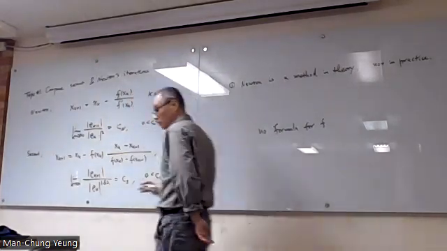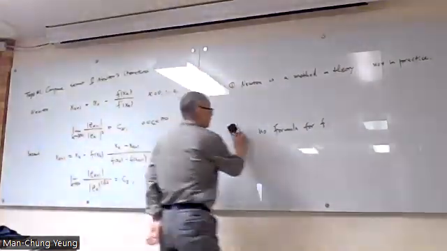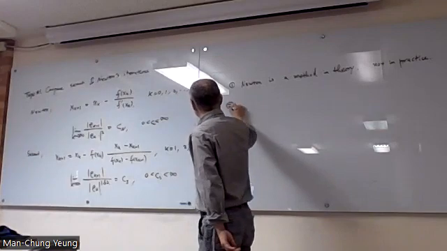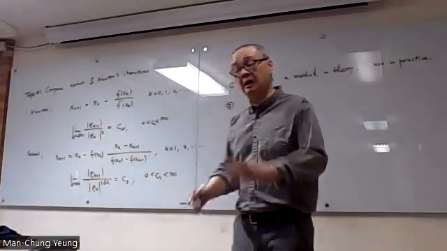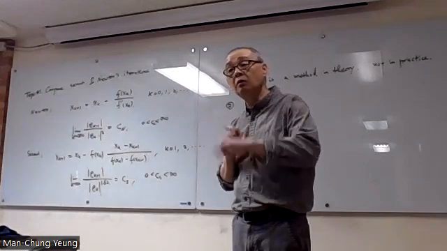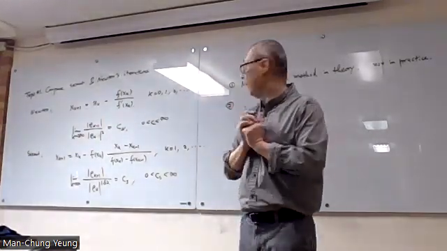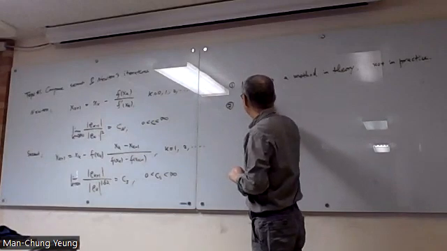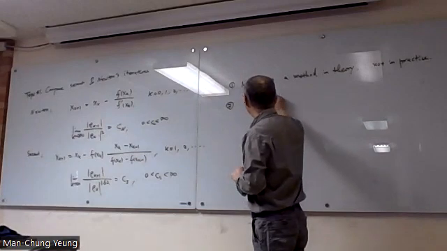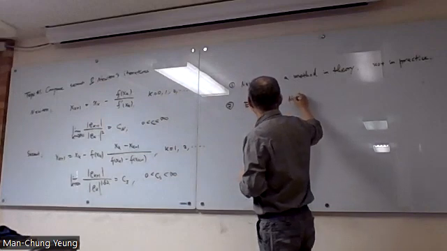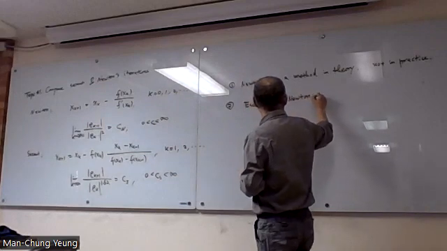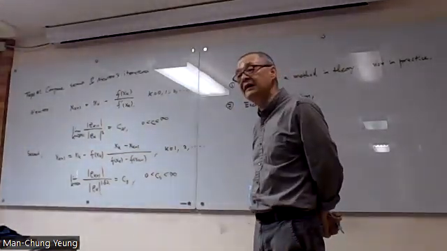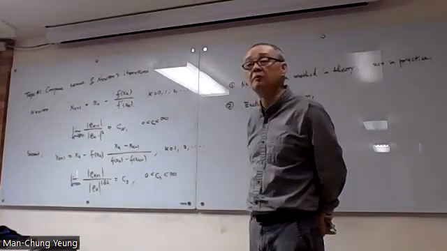Number two, I want to compare the computational cost of each step. Each step of Newton's method: how many function evaluations do we need to perform?